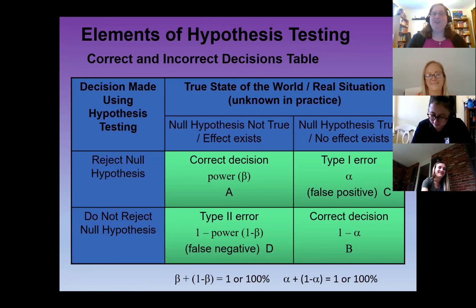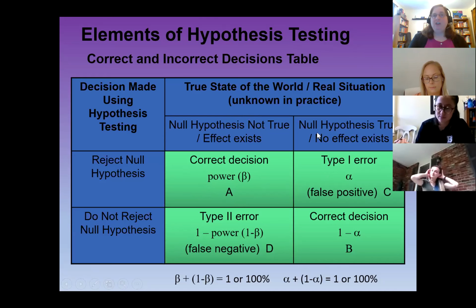Okay, so this is the table I wanted to show you. In the real world, in the true state of the world that we do not know, this is what we'd love to know, but we don't know. Either the null hypothesis is not true and there's an effect, or the null hypothesis is true and there's no effect. So that's our true state of the world, the real situation that we don't know.